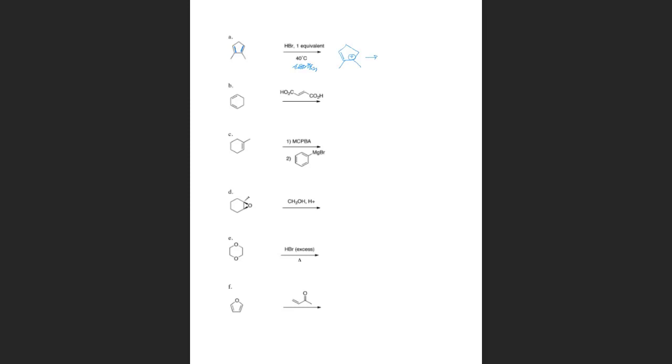So where would you then put your bromine if it's a 1,4 addition? On the top? Do you want to go ahead and draw it?